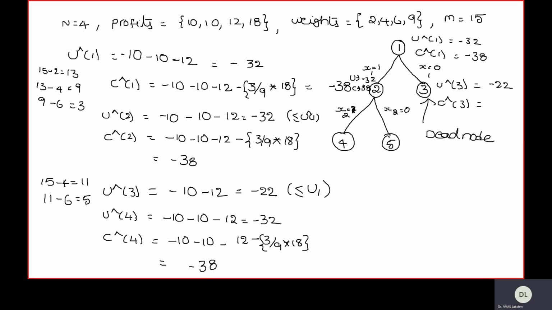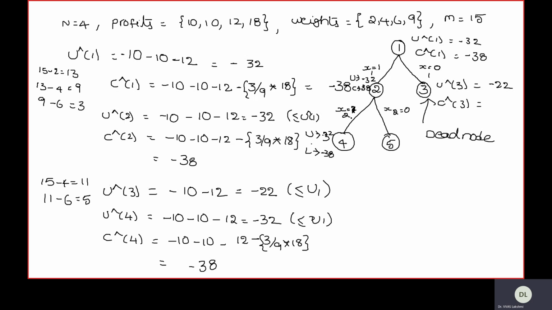So here the upper bound of 4 is less than or equal to the upper bound of 1. So that's why this node will be expanded. The upper bound of 4 is minus 32 and the lower bound is minus 38.